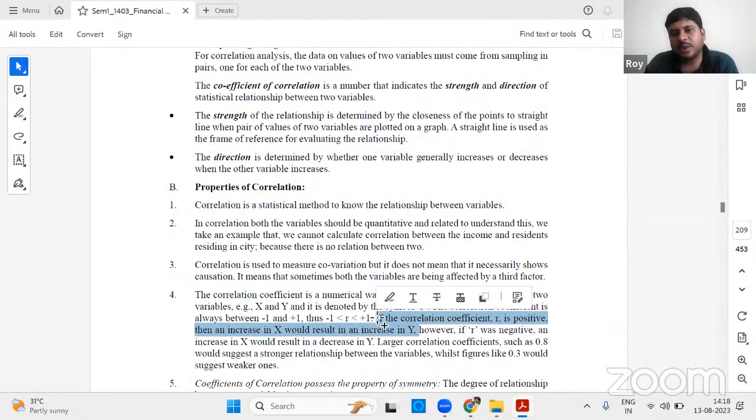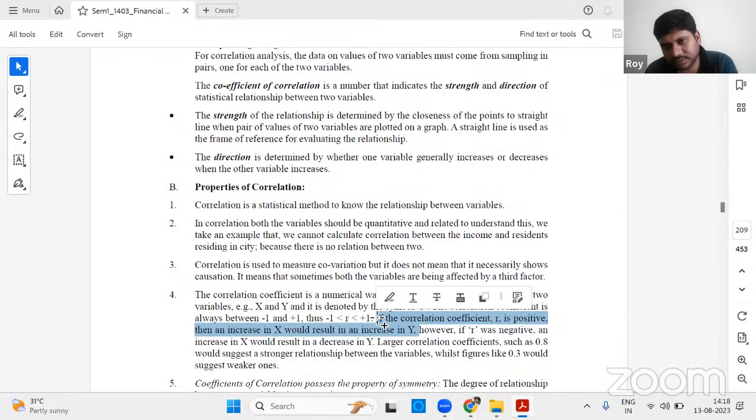If small r is positive, when you increase x, y also will increase. When we decrease x, y also will decrease. However, if r is negative, an increase of x would result in a decrease of y. Now, if r is a negative value, if height is increasing, your weight is coming down.